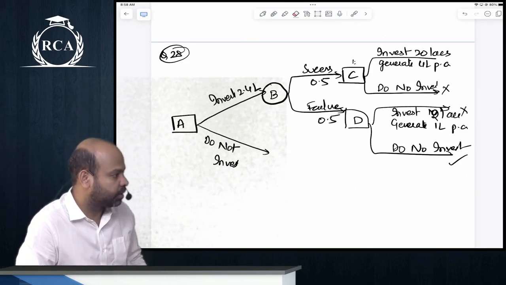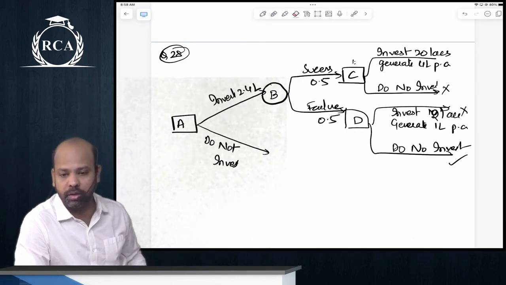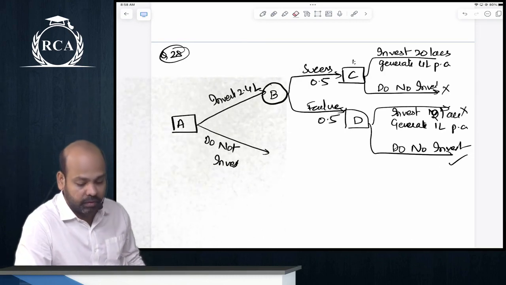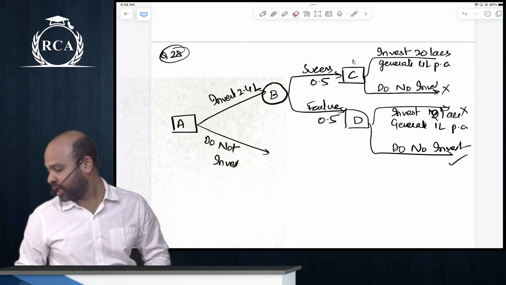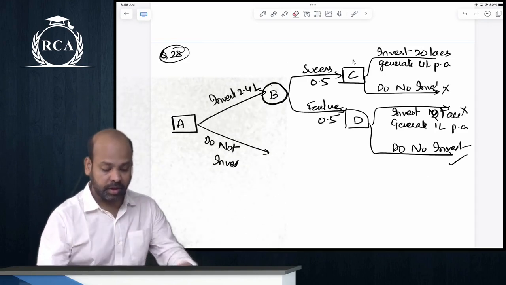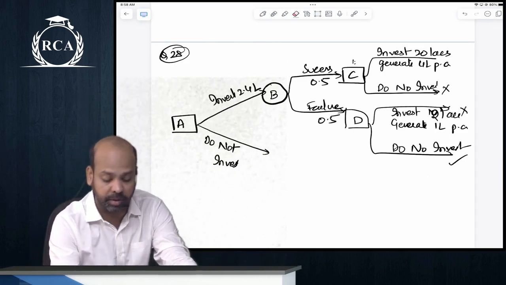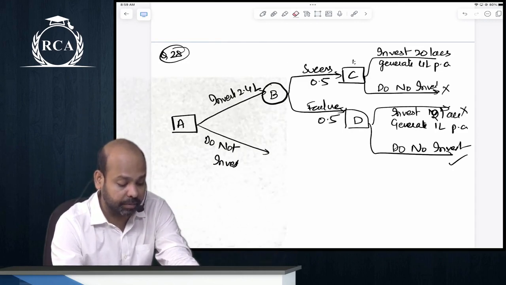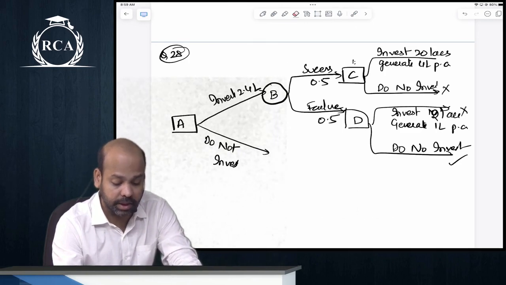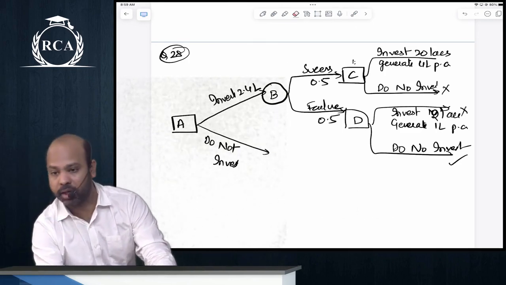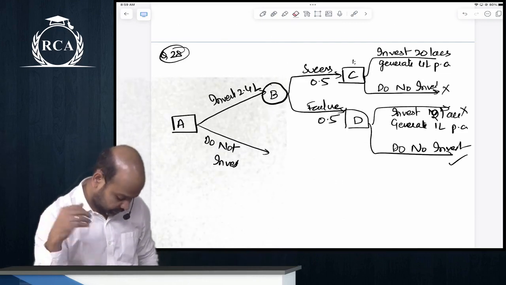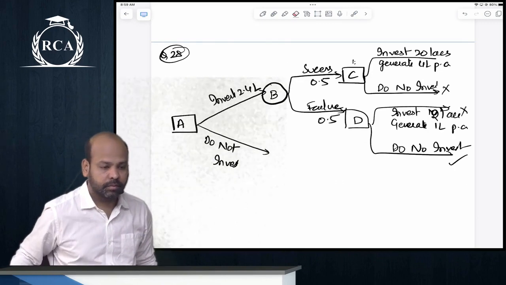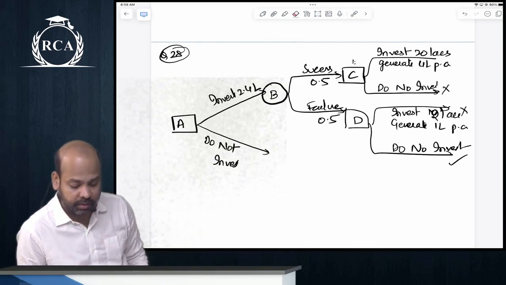At point D, if we invest, the present value of cash inflows will be 1 lakh divided by 10%, 10 lakhs.